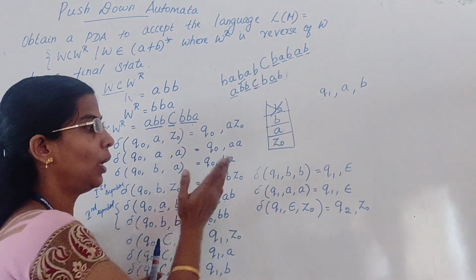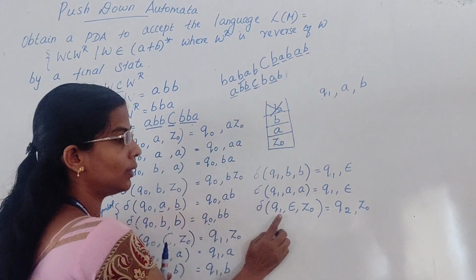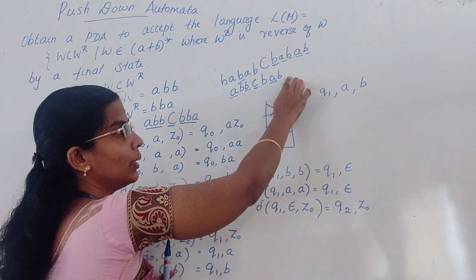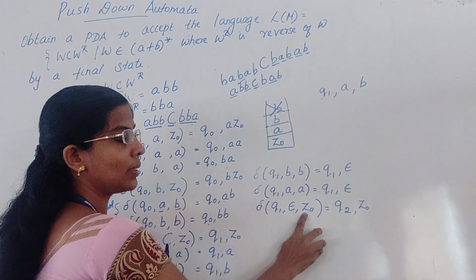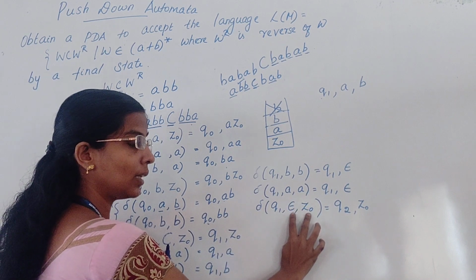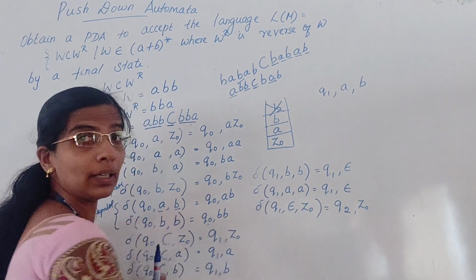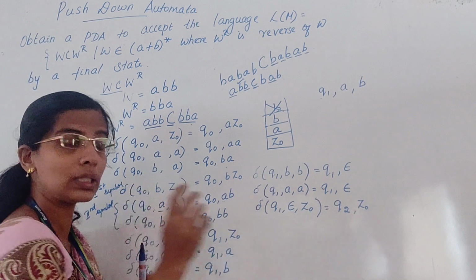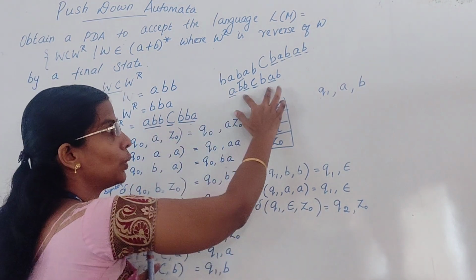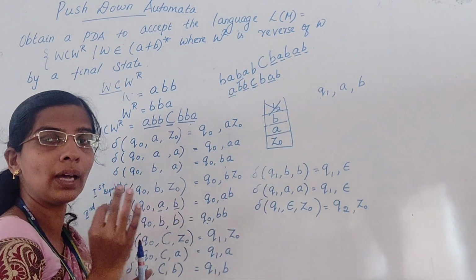I cannot pop. So I won't reach this final state. My input won't be empty, and my stack won't be empty. Only when I reach this condition am I reaching the final state. Once you reach this final state, your machine says whatever input you have given is a valid input.